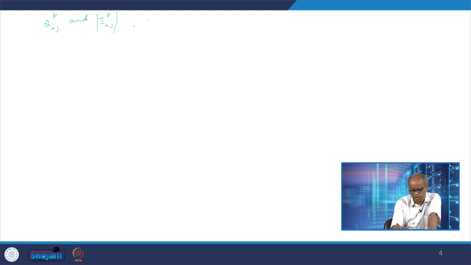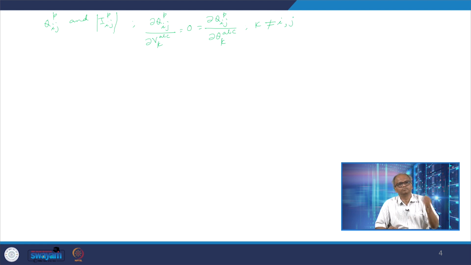So therefore I can say that del Qijp by del VKABC would be 0, and del Qijp by del theta KABC also would be equal to 0, where k is not equal to either i or j, right.